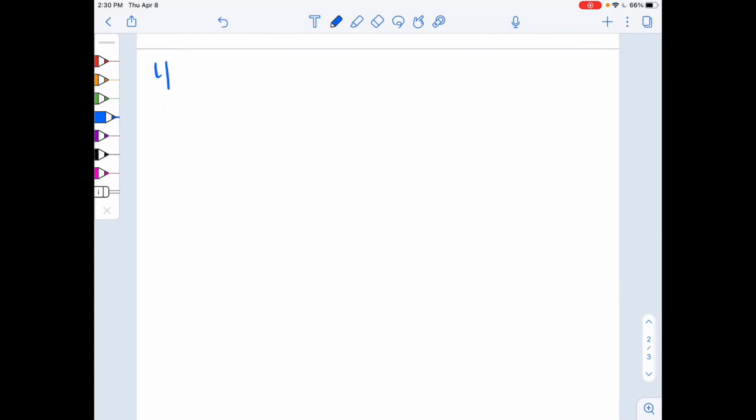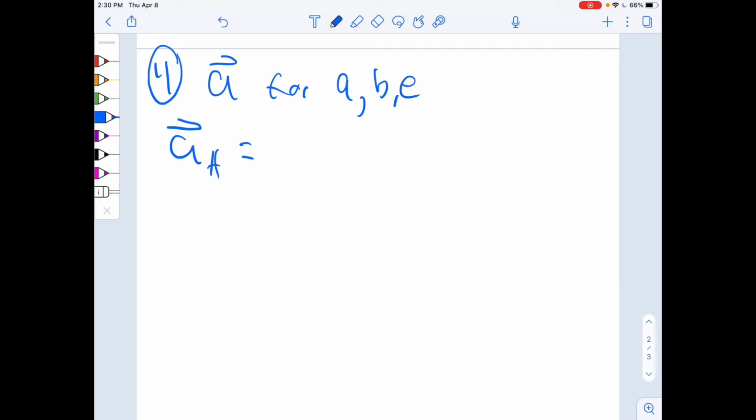All right, for step 4, we are going to write out the acceleration equation for particles A, B, and E in vector form. For particle A, the acceleration of A is equal to the acceleration of A in the I direction plus the acceleration of A in the J direction.